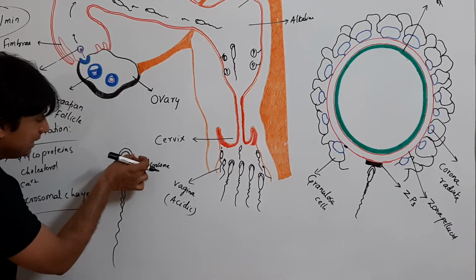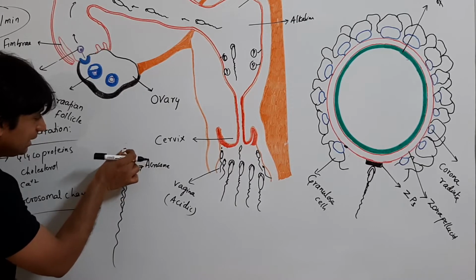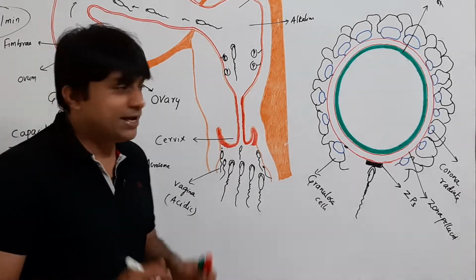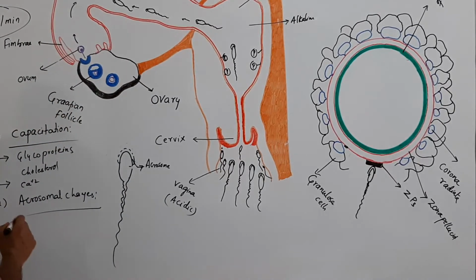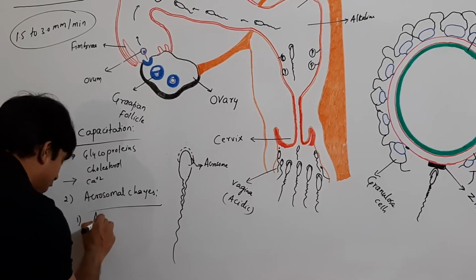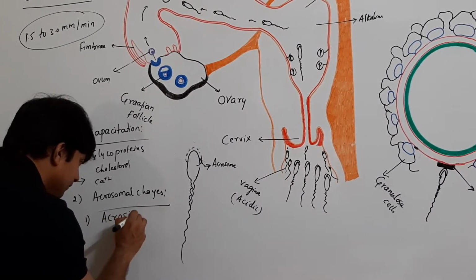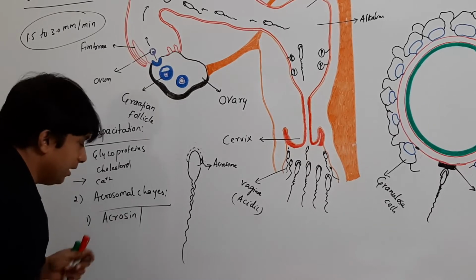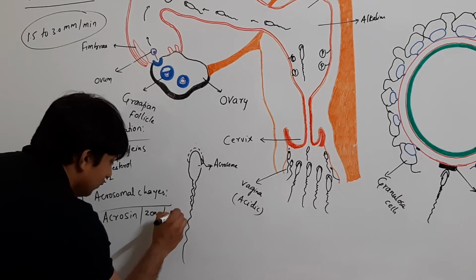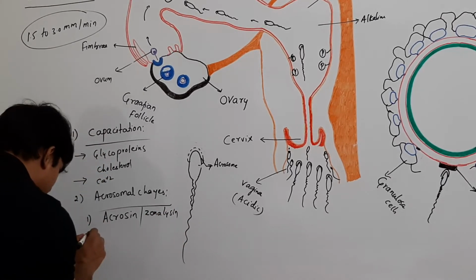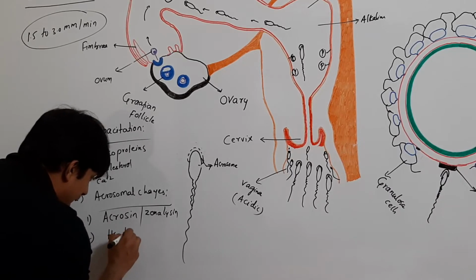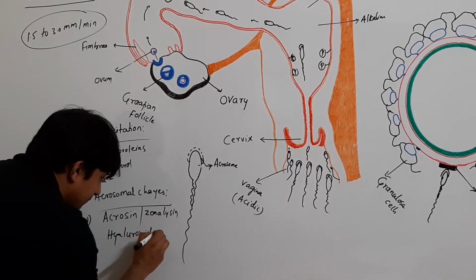This membrane dissolves a little, and the acrosome starts producing enzymes like acrosin, also called zona lysins. It produces one more enzyme, hyaluronidase.